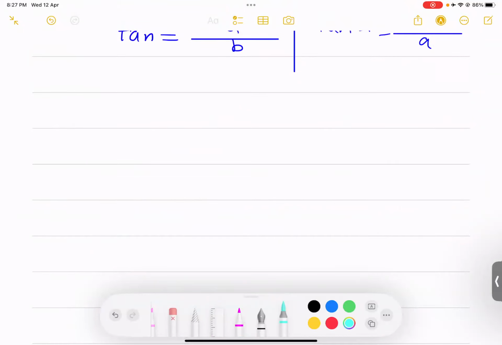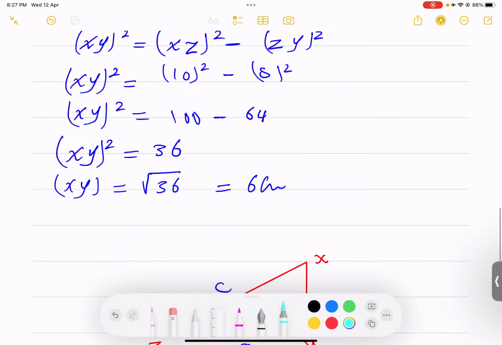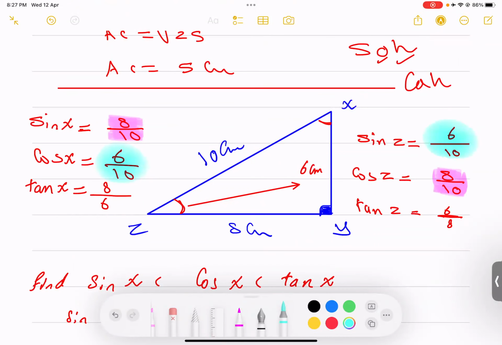Okay, exactly. I have a small question. Just go up to the question that we just did. Do you mean this one? Yeah. For example, if they ask to get the sine of y, will they ask this type of question?